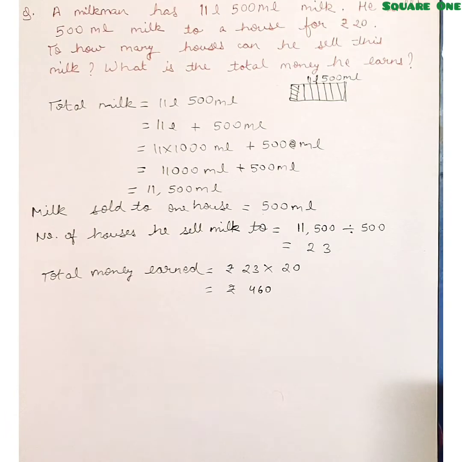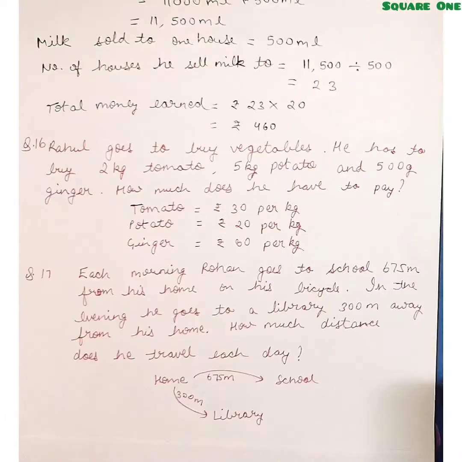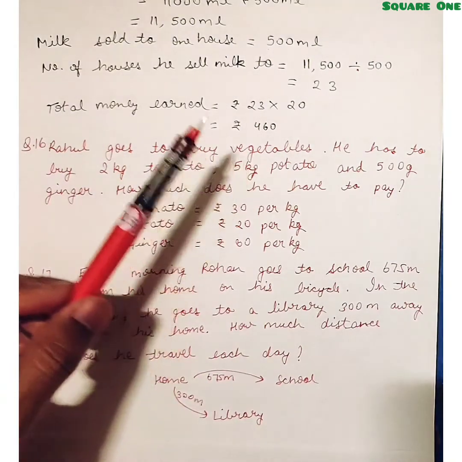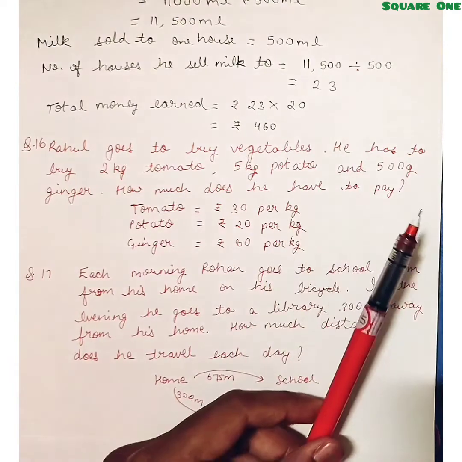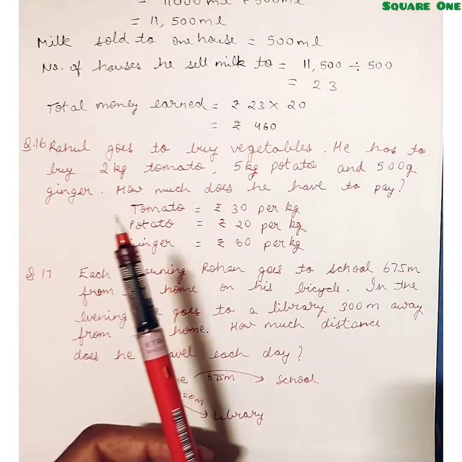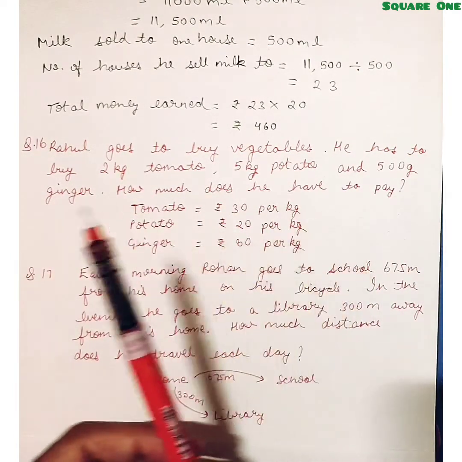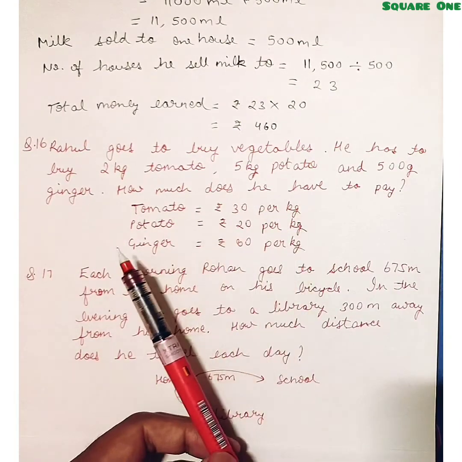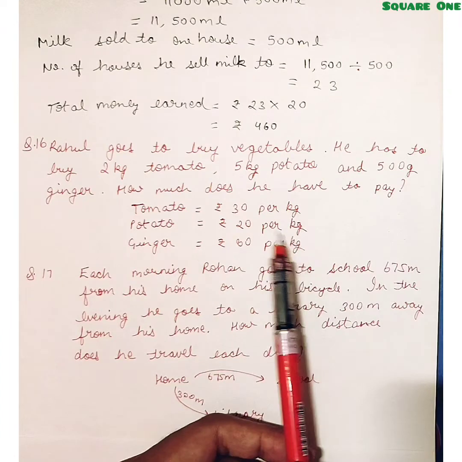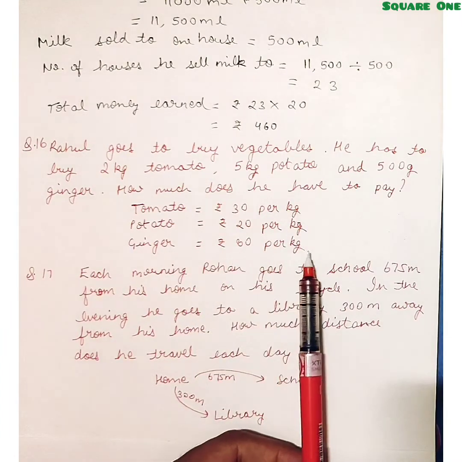Now let me give you a couple of word problems. The first question says that Rahul goes to buy vegetables. He has to buy 2 kg tomato, 5 kg potato and 500 gram ginger. How much does he have to pay? The cost of tomato is rupees 30 per kg, cost of potato is rupees 20 per kg and cost of ginger is rupees 80 per kg.